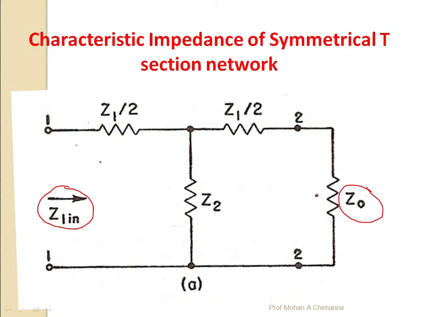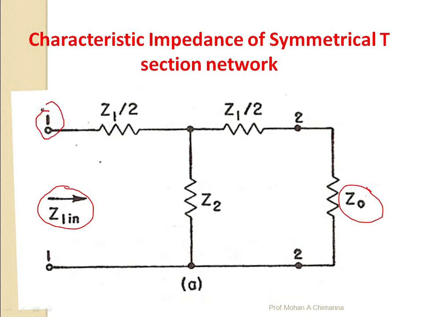In case of the T section network, the input impedance is treated as Z1 in, and the output impedance or characteristic impedance is Z0. Then one more important point: while we design any filter, there is a two port network. This is basically the two port network.